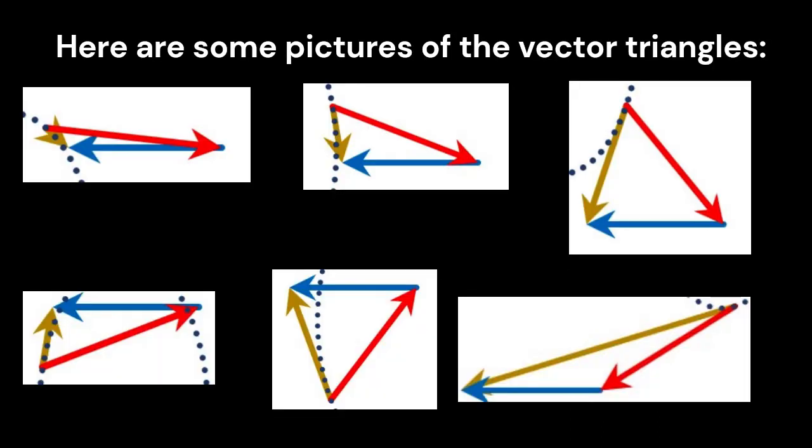Here are some pictures of the vector triangles in this analysis. And for these pictures, the brown arrow is the motion along the path. So relative to the antenna, the bug is flying a path, always tangent to that path, and that's the brown arrow.